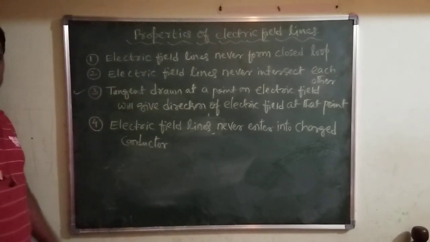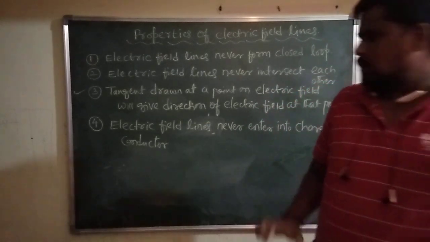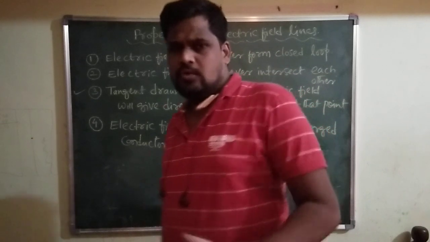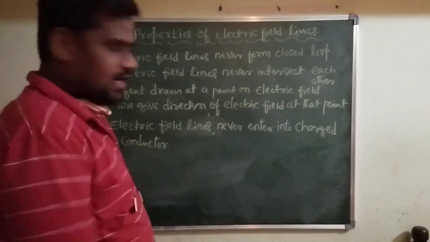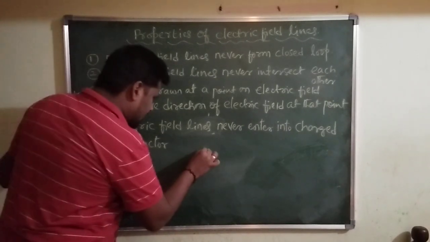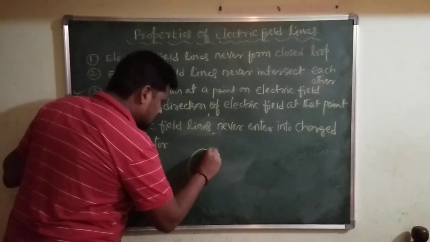What is the meaning of this? Imagine that you have a body and it is charged. You know very well, when conductors are charged, I will consider here a spherical conductor or a spherical shell.